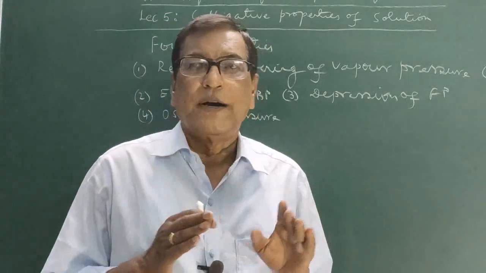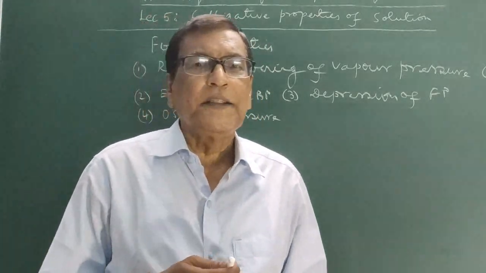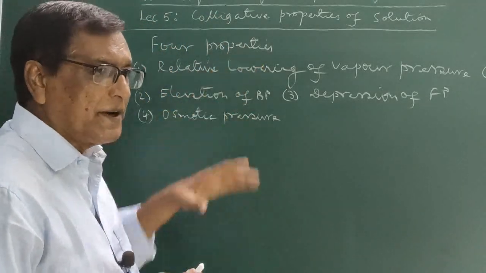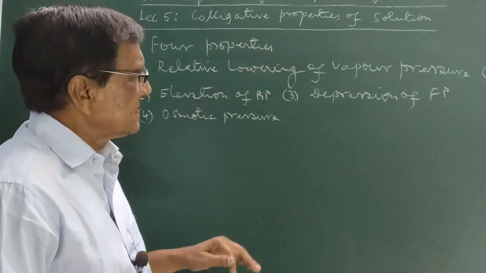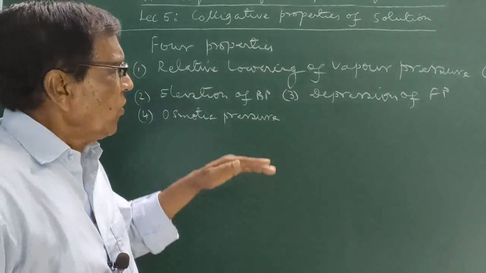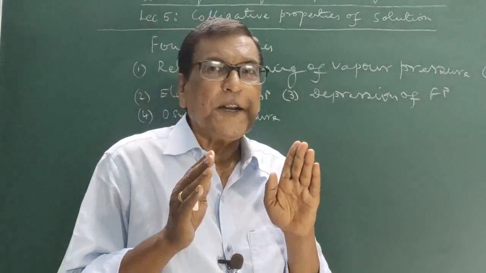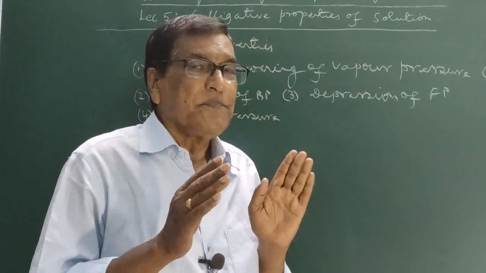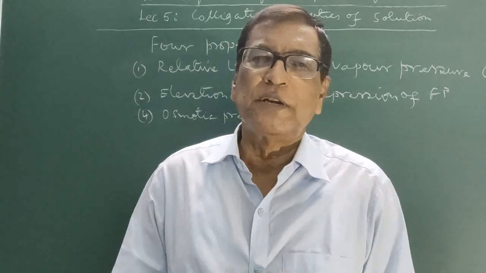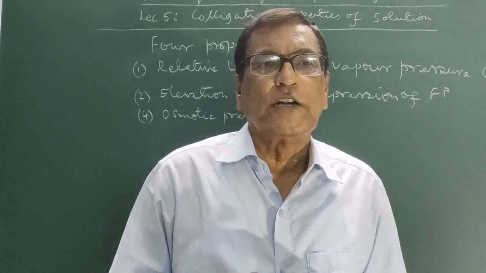These are called the colligative properties. The Latin word colligative means to bind together, and the main thing is that all these four colligative properties are bound together by the fact that the magnitude of these properties depends only on the number of particles of the solute and does not depend on the nature of the solute particles.